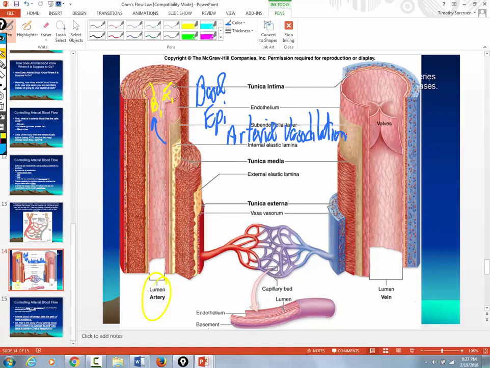I'm telling you, and I'm writing this down, and I'm going to say it again. At basal levels of epinephrine, epinephrine binds to beta 1 receptors and causes arterial vasodilation.